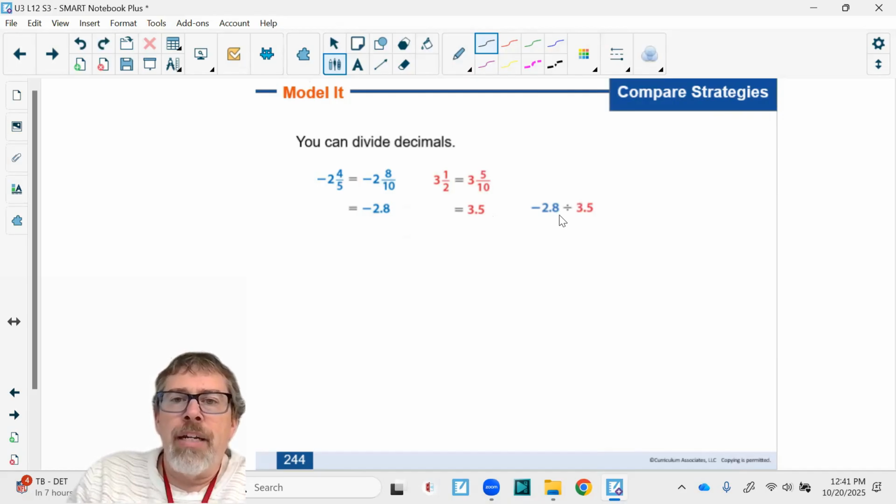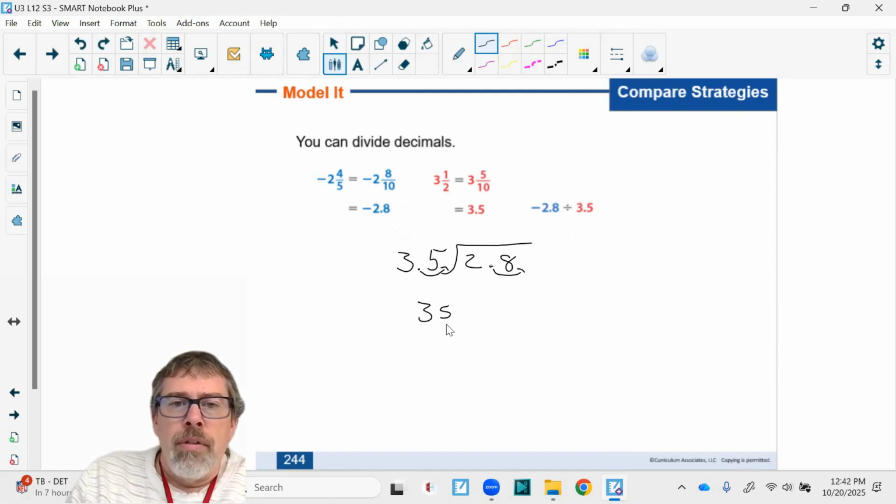So then we're going to divide negative 2.8 by 3.5. If I did that long division, I'd see how many times 3.5 goes into 2.8. And since there's a decimal, you have to move the decimal place one place to the right. So now we're doing 35 goes into 28. Obviously it doesn't, so we put a 0 here.